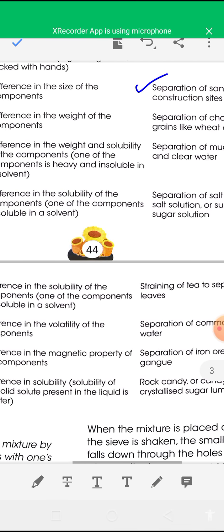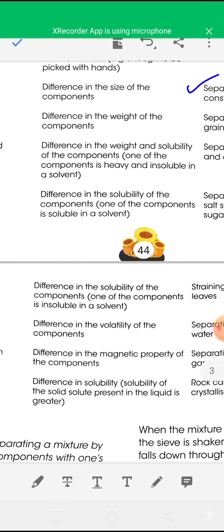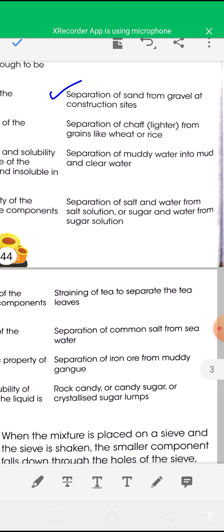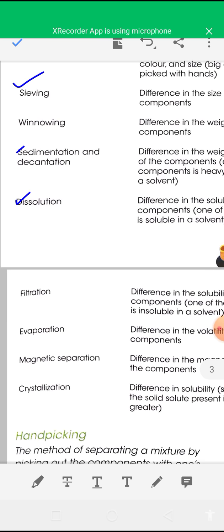The principle of separation in dissolution is difference in solubility of the components. One component is soluble in a solvent, the other component is insoluble. Example is separation of salt from a salt solution, or separation of sugar from a sugar solution using dissolution.